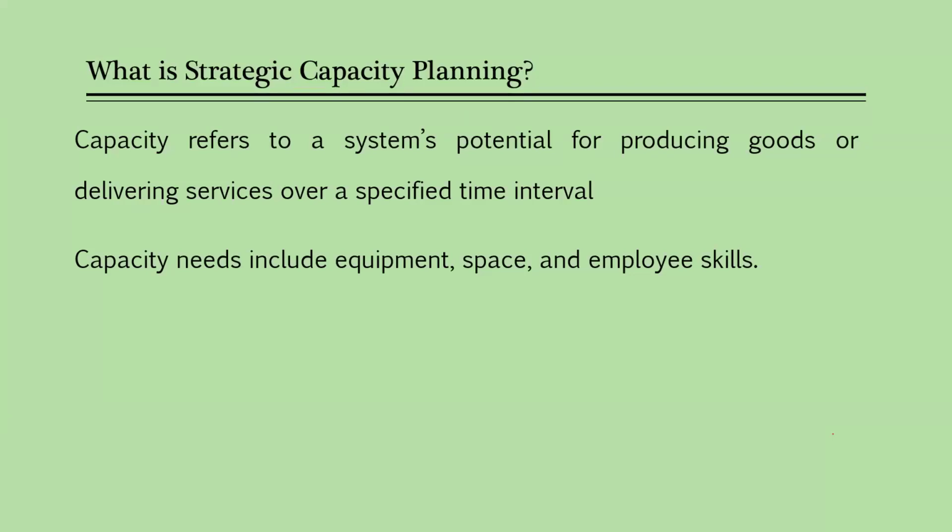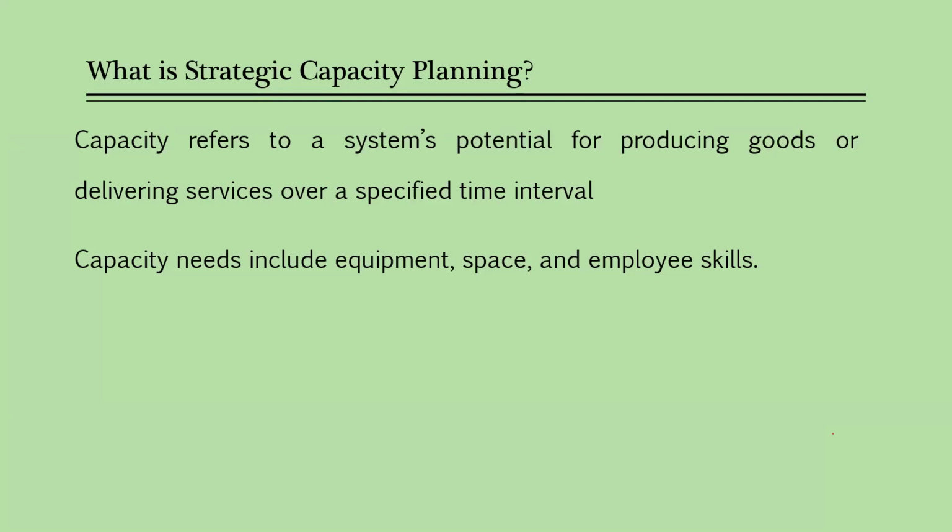Capacity refers to a system's potential for producing goods and delivering service over a specific time interval, which means in an organization, the ability to produce goods or services within a specific time period is decided through this strategic capacity plan. So potential means the ability.